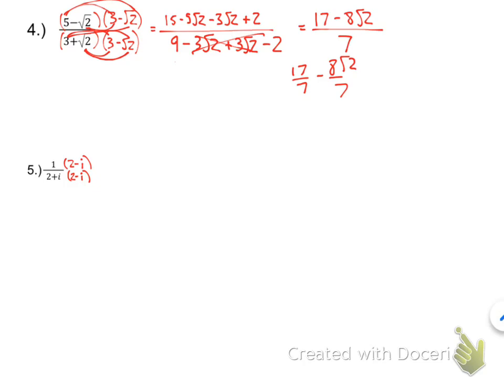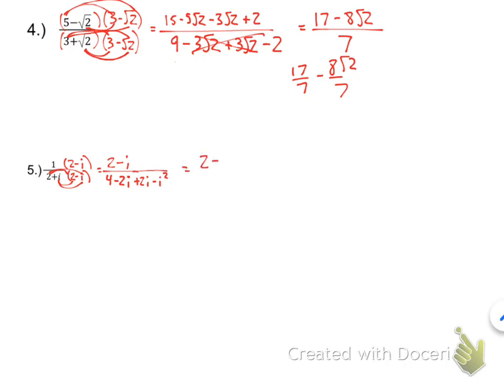What's 1 times 2 minus I? It's just 2 minus I. That's awesome. The bottom you have to FOIL. 2 times 2. 2 times negative I, minus 2I. I times 2, positive 2I. And what's I times a negative I? It's a negative I squared, yeah?